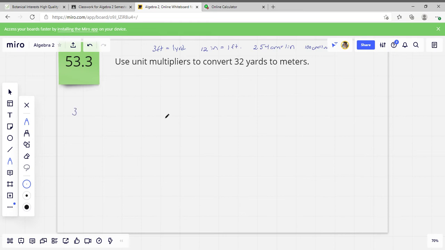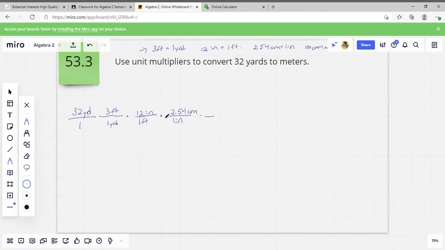Alright, so we're starting out with 32 yards over 1. And then we want yards to be on the bottom, so we're going to use this one first. 3 feet in 1 yard. So 1 yard goes down here, and we've got 3 feet up here. Now, how many inches in a foot? 1 foot is 12 inches. And then 1 inch is 2.54 centimeters.